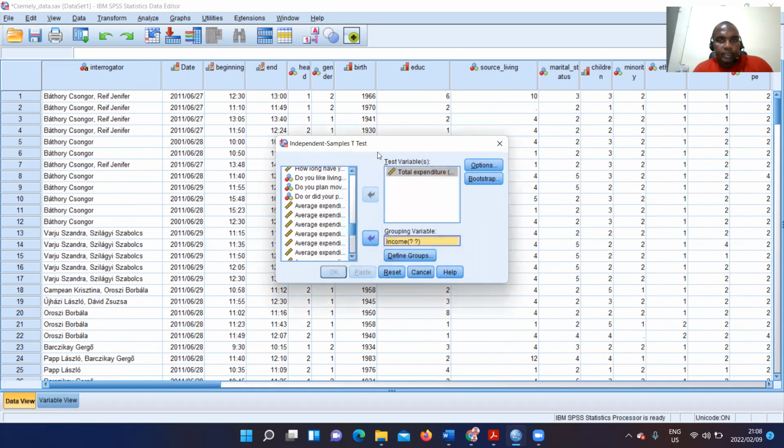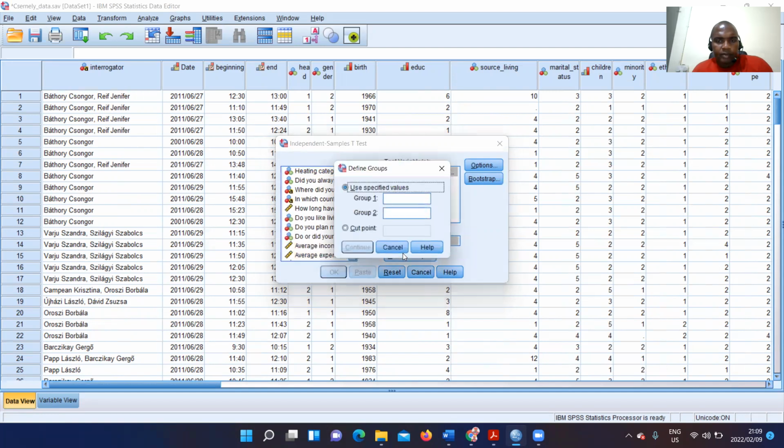Let me check. On average income, it's a challenge to make it the grouping variable because we don't have two groups. On average income, it's a scale variable. So we can look at something like the type of heating, whether gas or solid fuel.